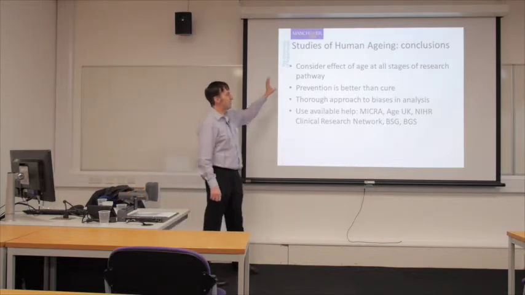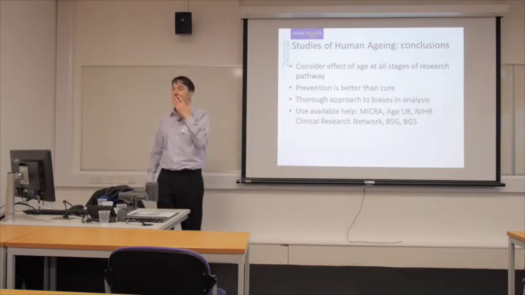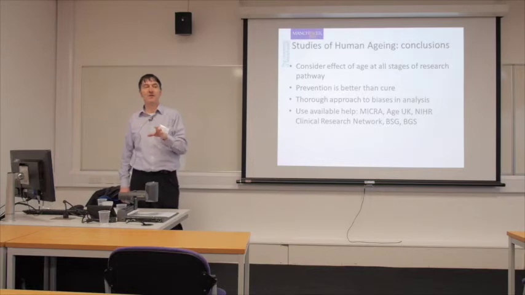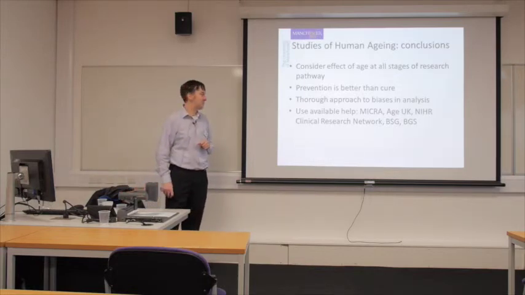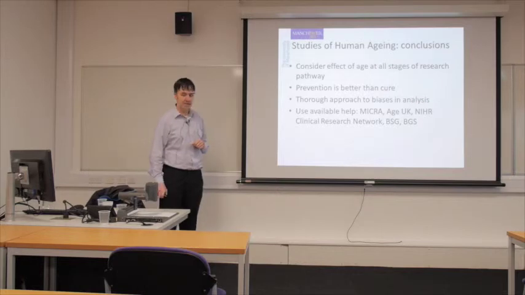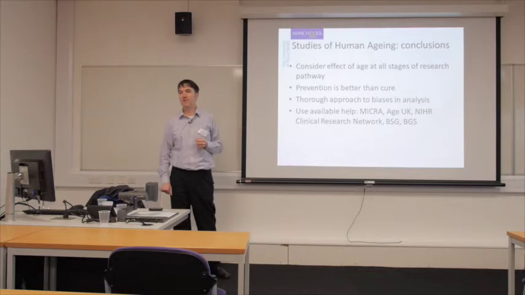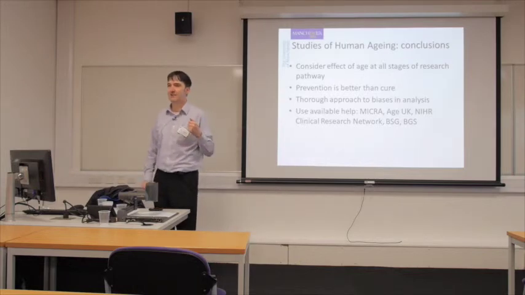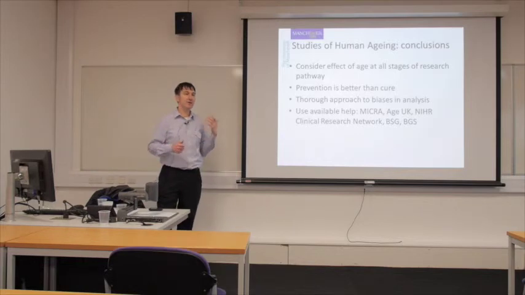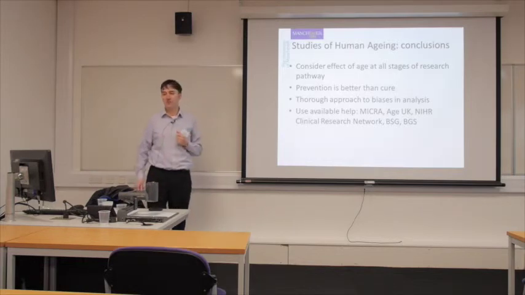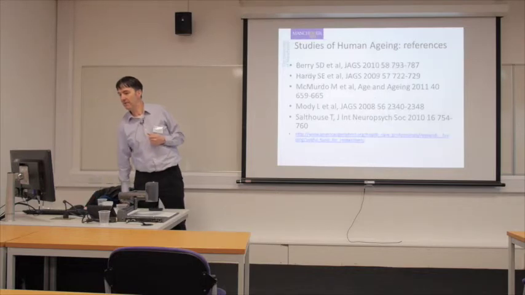In aging research, you've really got to have a very thorough approach to dealing with biases, because there are some very significant biases which can have quite huge effects on the estimates that you produce. And what I would say is use all the available resources you can to get working papers, information, even experts to give you some advice on what you might need to think about in aging research.